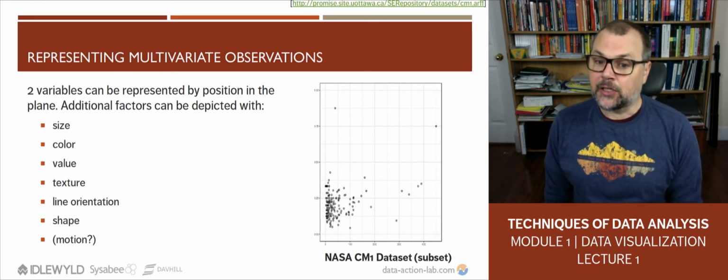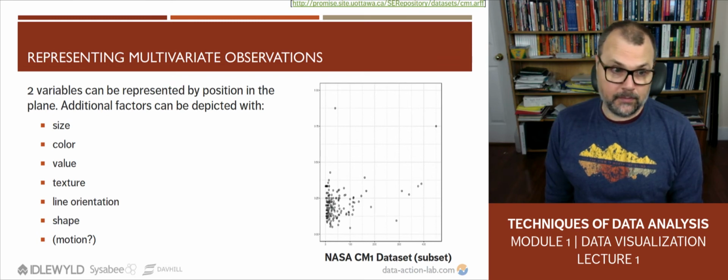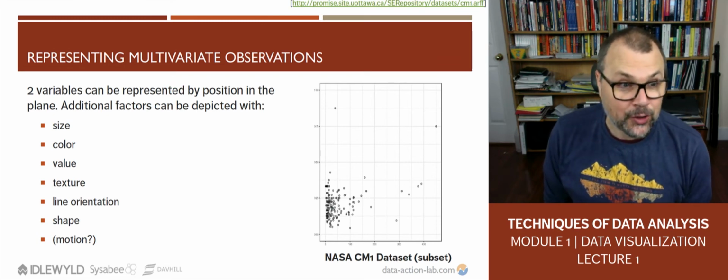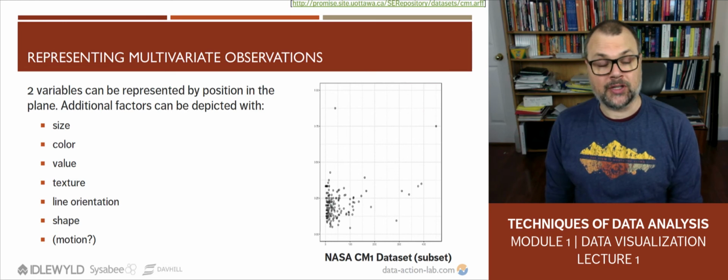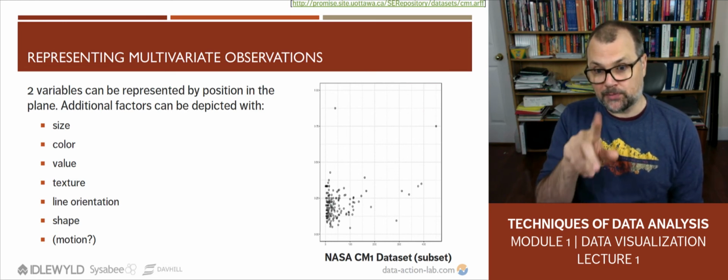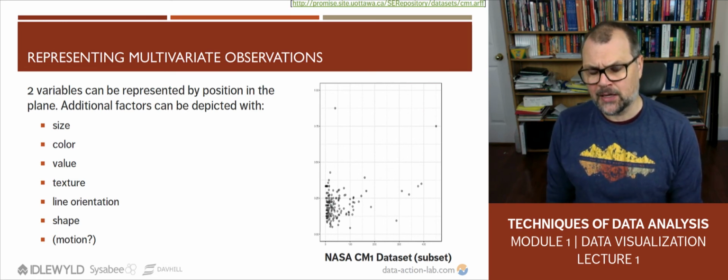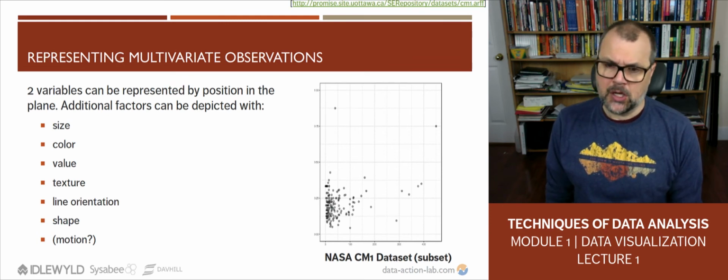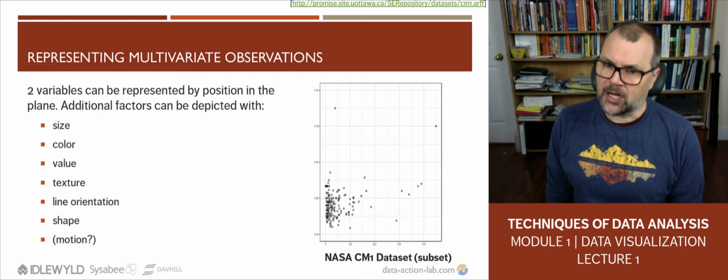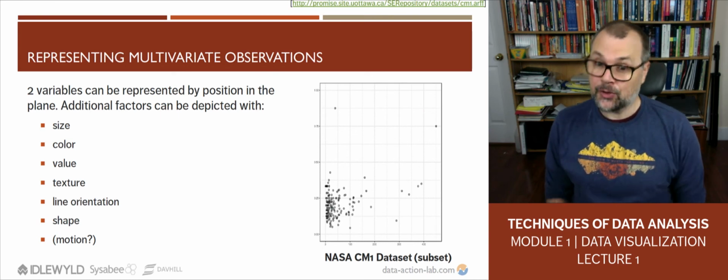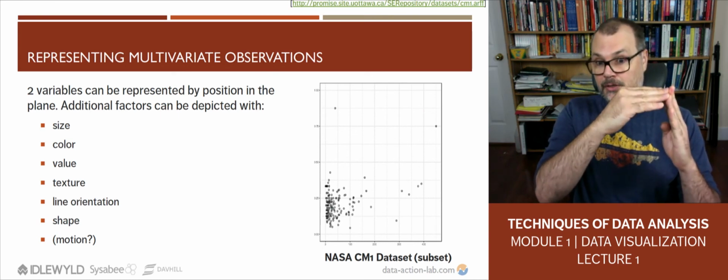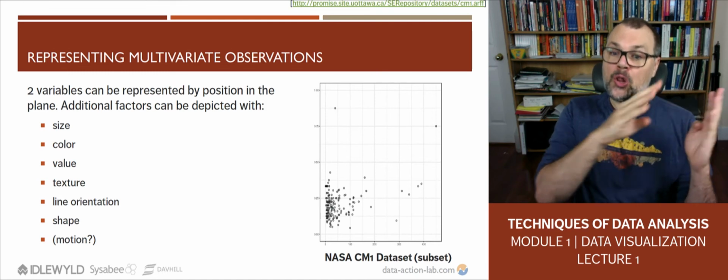Right, now there are some exceptions here. I said that you can only represent 2 variables with the position on a flat chart. There are some exceptions. We're going to talk a little bit about scatter plot matrices, which in theory allow you to look at pairs of variables, and you can look at all the pairs of variables.